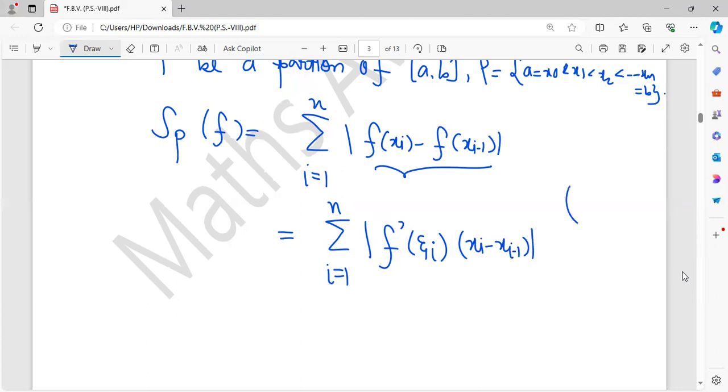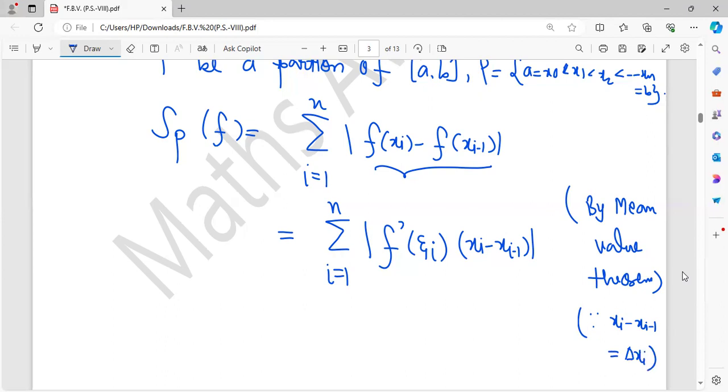I can write xi minus xi minus 1 as delta xi.